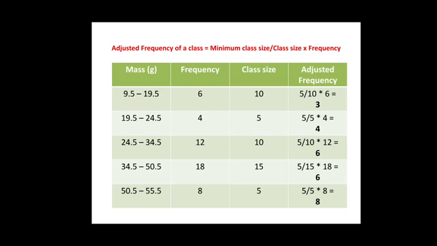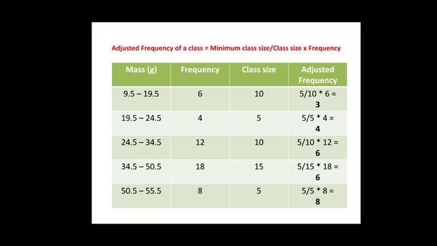Students, for the first row, which is 9.5 to 19.5 class interval, the adjusted frequency is minimum class size, which is 5, divided by the class size of the concerned class, which is 10, multiplied by frequency of the concerned class, which is 6.